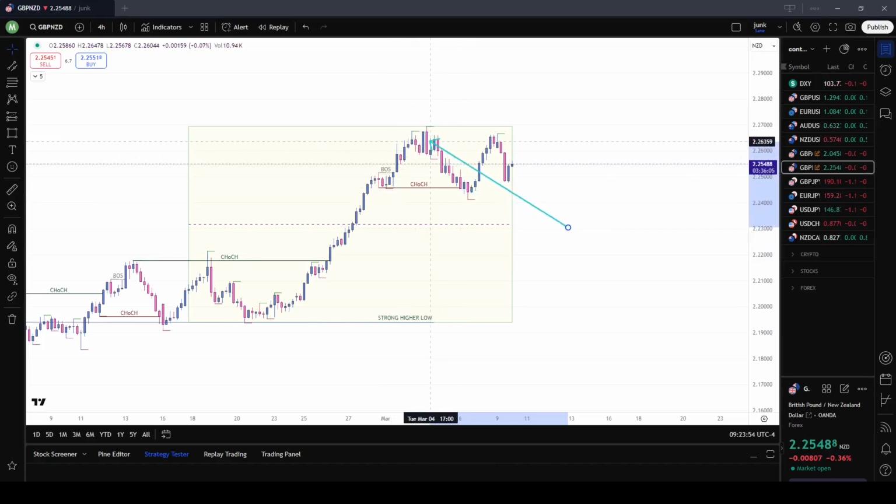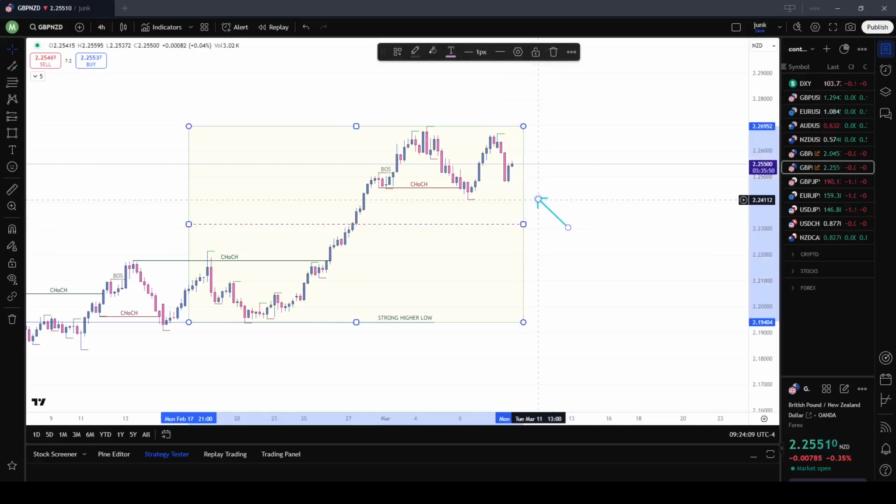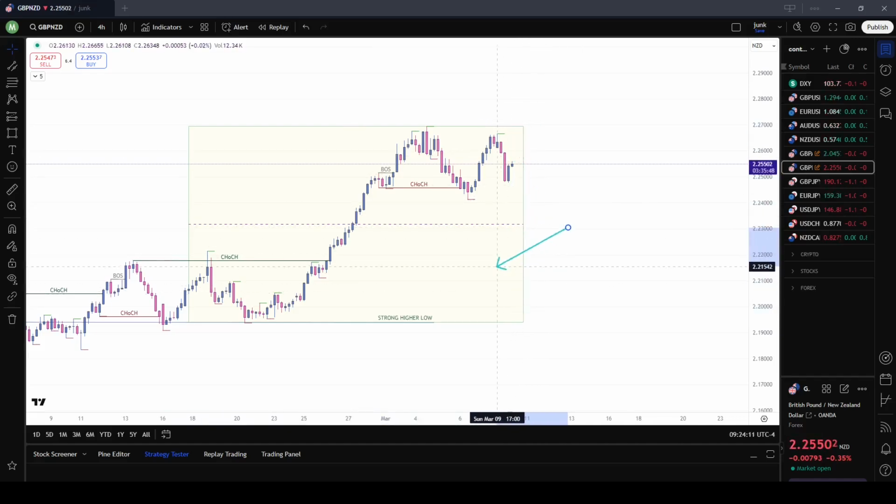Not a deep pullback, so I'll be looking for any type of pullback into discount in order to take a buy. And this pair did not break the highs of this current range. So the buyers do look weaker on this pair. But again, I would be waiting for any type of pullback into discount in order to take advantage of any buying opportunities, any type of bullish momentum.